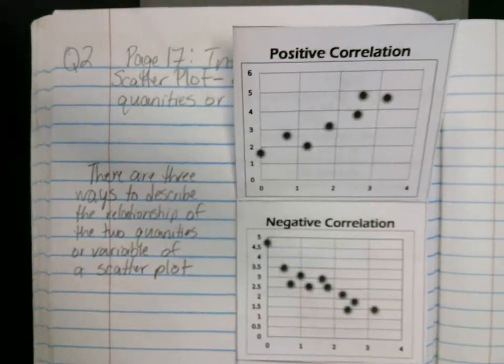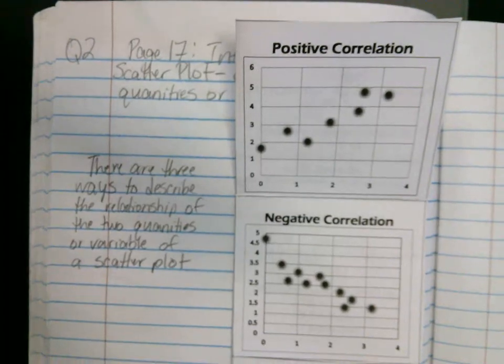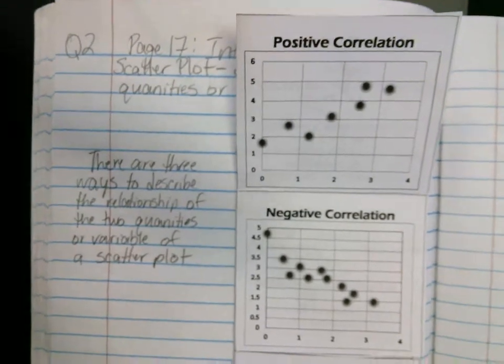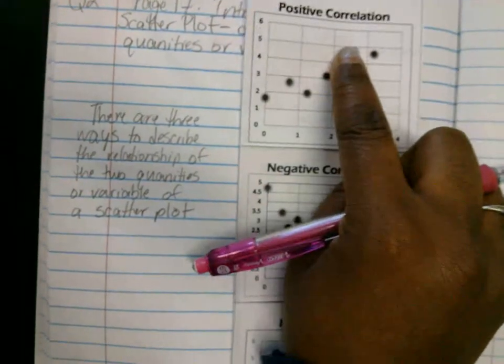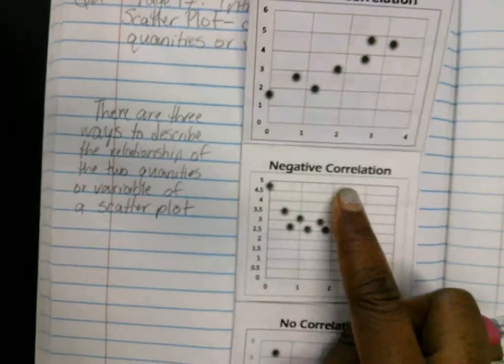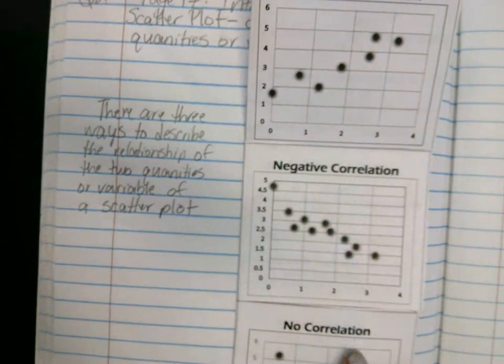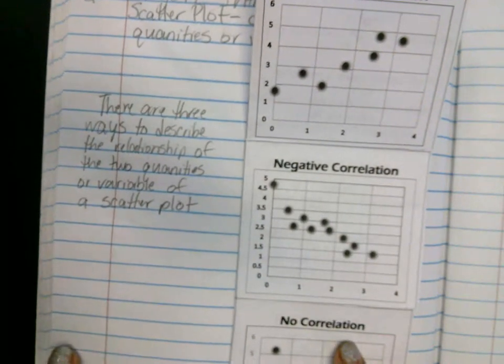The first one is positive correlation, negative correlation is the second, or no correlation is the third.